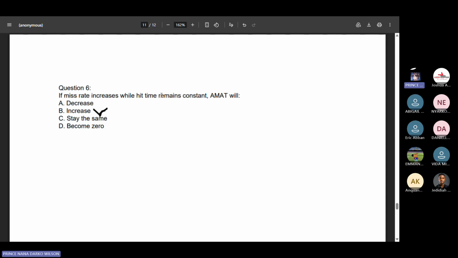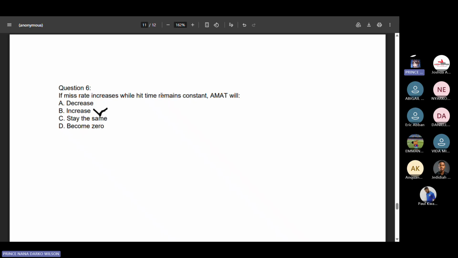You may say, let this be equal to that, let this be equal to that, and you explain using that. Provided these two remain constant, the value here increases due to this. If you want to explain even further, perhaps you might consider doing a small example with a working. It depends on the question's mark size. But for a question as basic as this one, it means that only the hit time is going to remain constant.